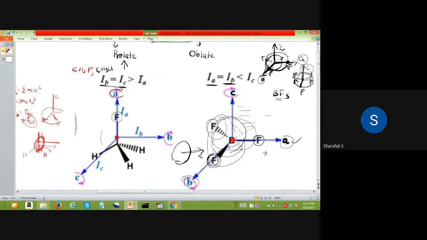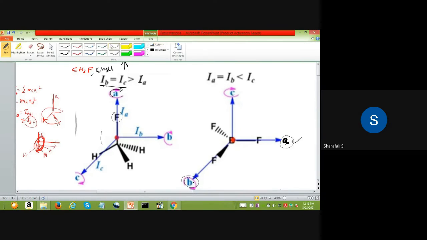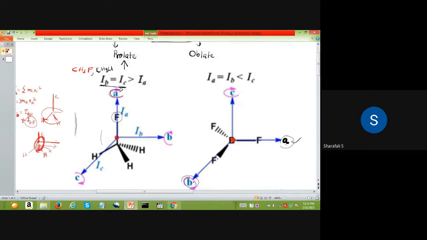So I think I have understood here. This fluorine atom also will come in this B, so that IA will become IB, because both have two fluorine atoms which are rotating, and their perpendicular distance about that axis is also the same.